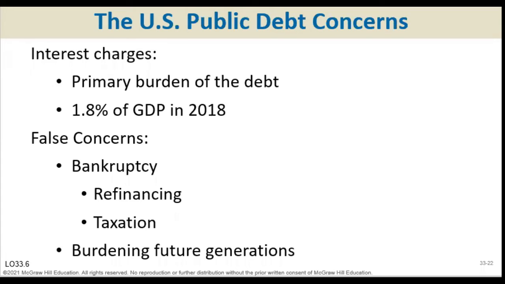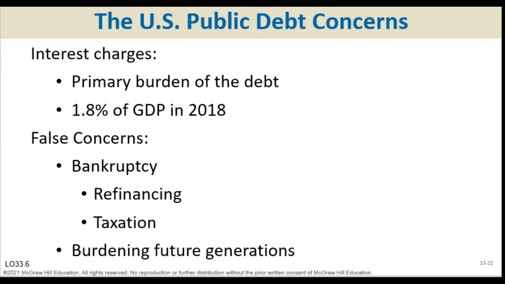Can the federal government go bankrupt? There are reasons why they cannot, right? Government has that coercive power to raise taxes. Government can raise taxes to pay back the debt.